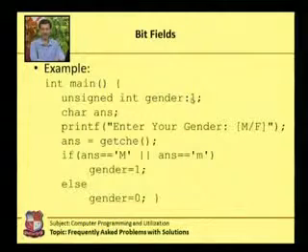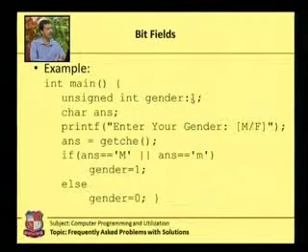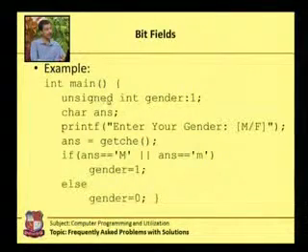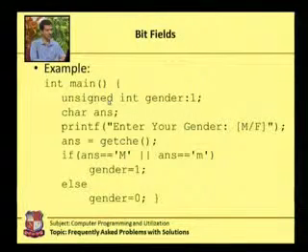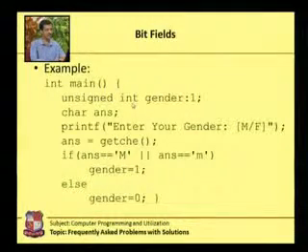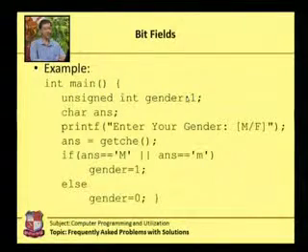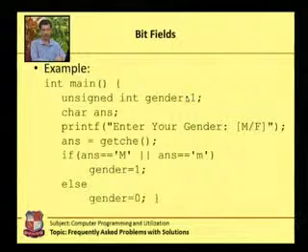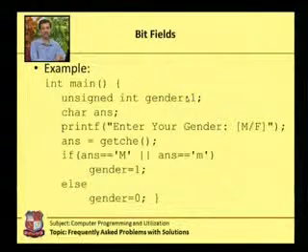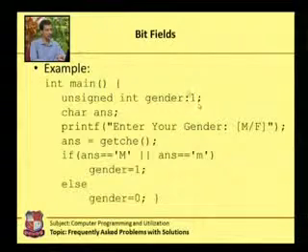In the same way, for the second example I have explained, you can declare unsigned, as age cannot be negative. So unsigned int age, and then you calculate how many bits you need to store a 3-digit number, and you make those many bits here.